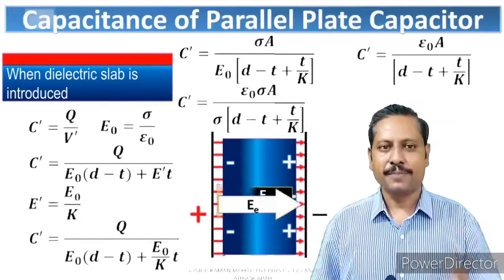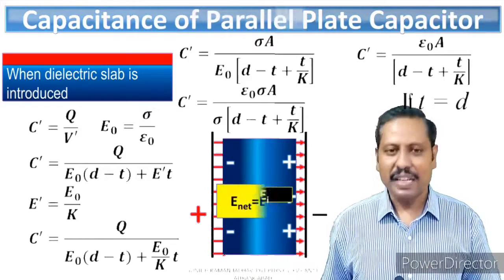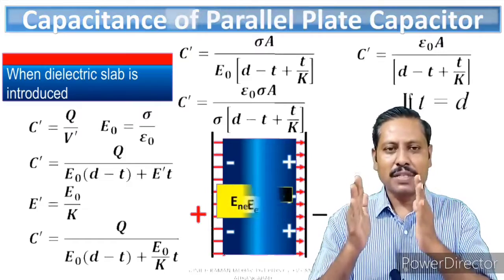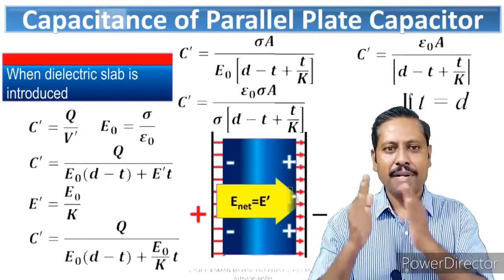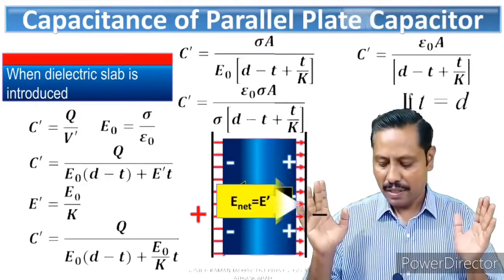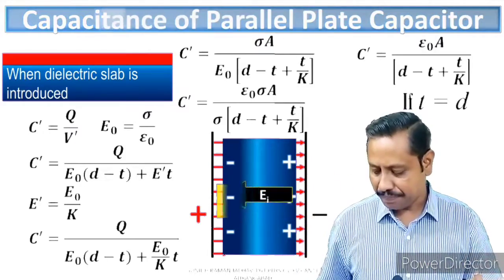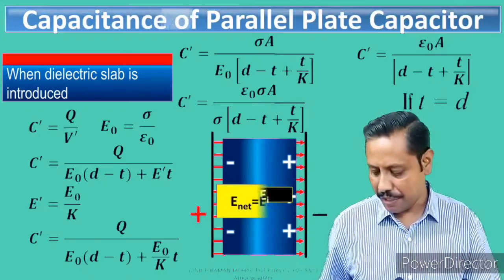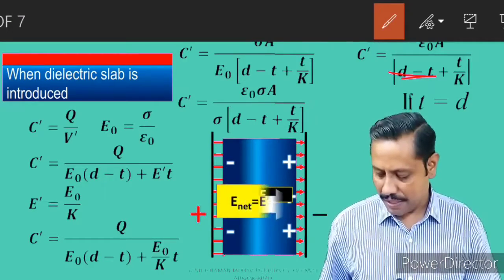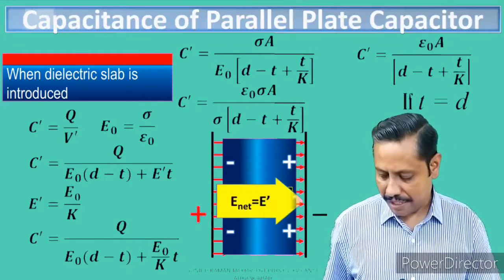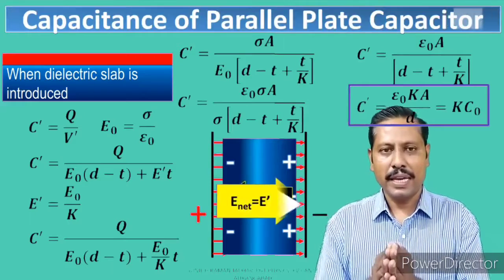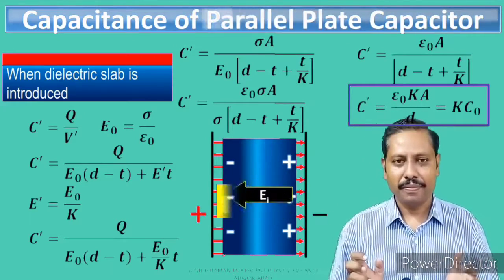Now let me take a special case here. If t equal to d, it means the width of the slab is equal to the gap, or the separation, between the two plates. What will happen then? Simply the d minus t in this equation will become 0, right? And once it is 0, we can write C dash equal to epsilon 0 into K into A upon d.